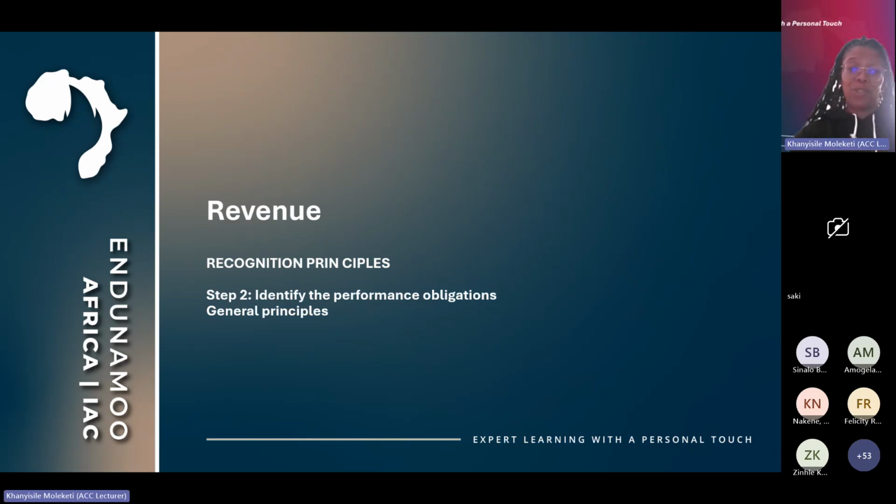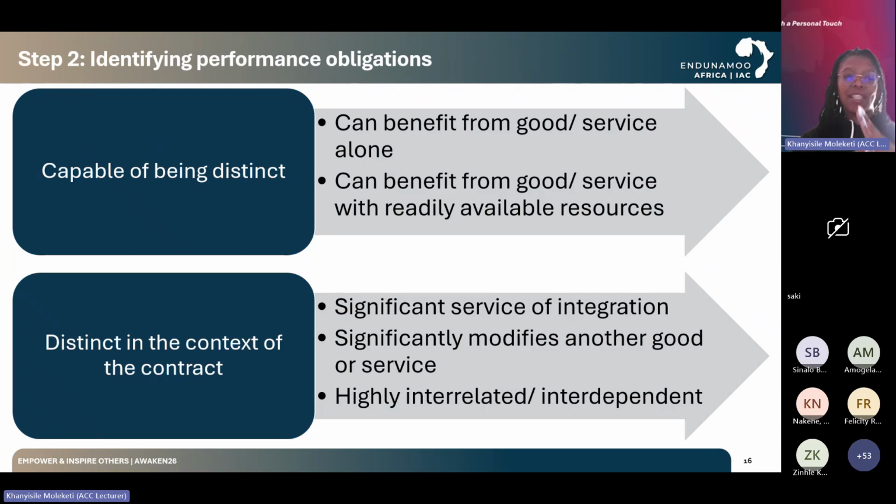into step 2. Okay, step 2, like I said, I put a lot of reliance on. So step 2 is identifying the performance obligations. When you're identifying a performance obligation, you're identifying each promise to deliver a distinct good or service to the customer.